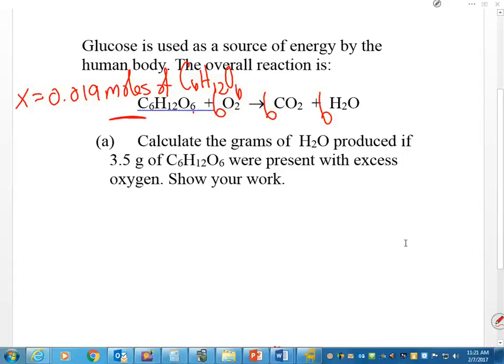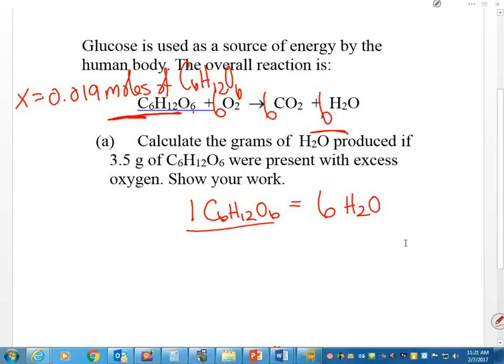So if I look up here, what number is in front of C6H12O6? 1. So I say 1 C6H12O6 is equal to how much of water? 6 H2O.